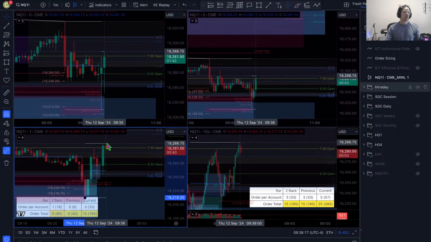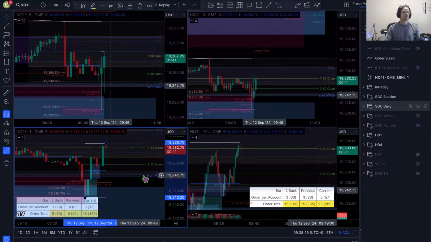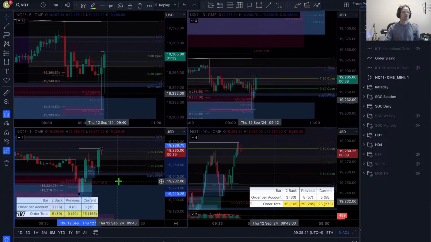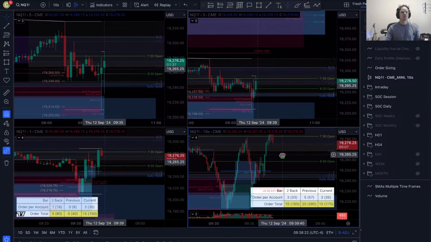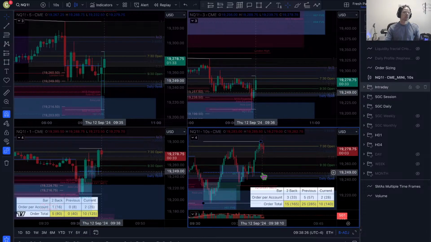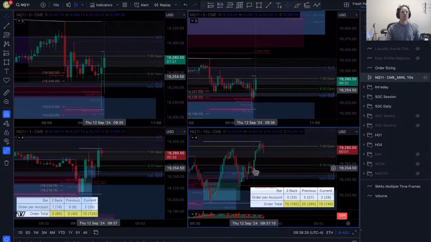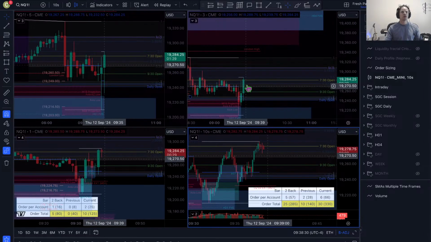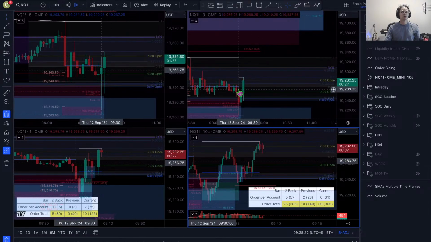See if we get continuation on that, and see how our M3 closes with respect to the 730 open.